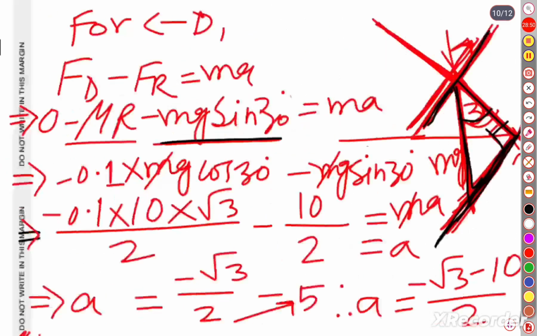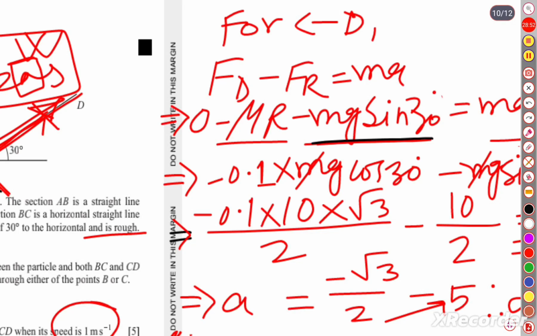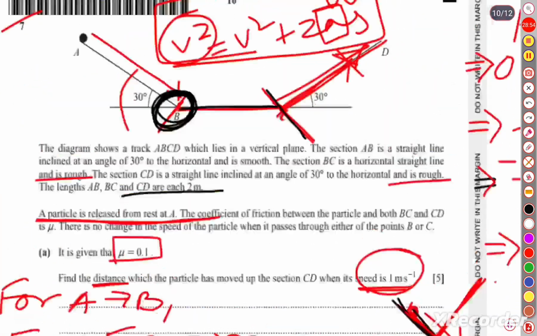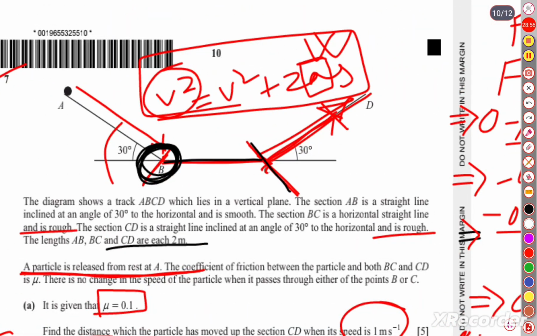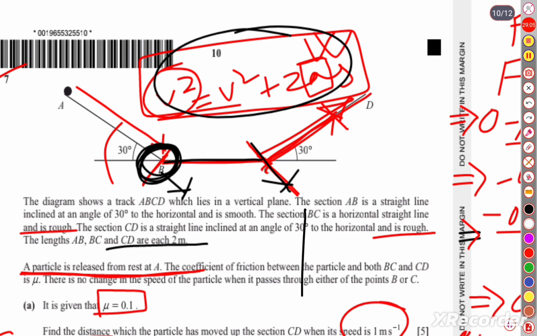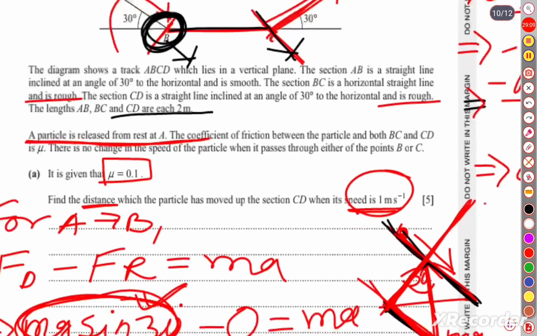We have almost reached our destination. Look, we have got the velocity at this point, and we are going to apply this formula. They have told us to find the distance which the particle has moved up the section CD when its speed is 1 meter per second.